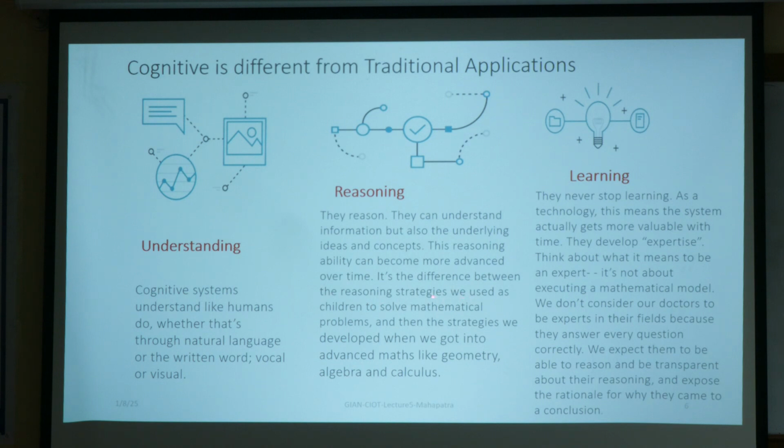Just like children trying to solve mathematical problems in elementary school, we have to strategize and develop our reasoning step by step. So when you design a reasoning-capable machine, it has to do the same. We need machine learning, deep learning, and above that knowledge graphs and so forth, so that we can reason without any conflicts.